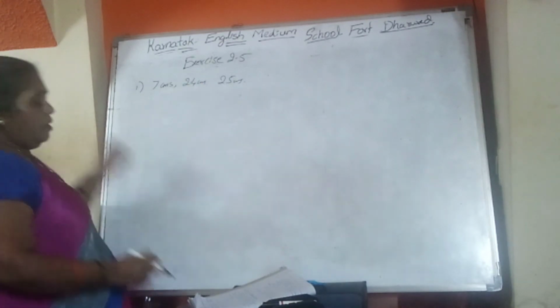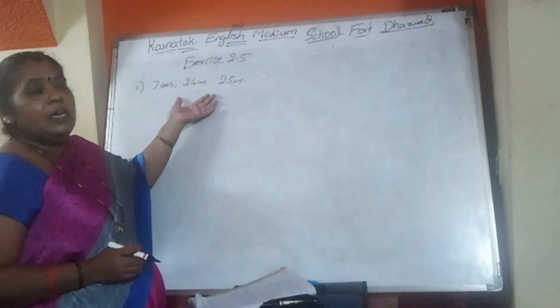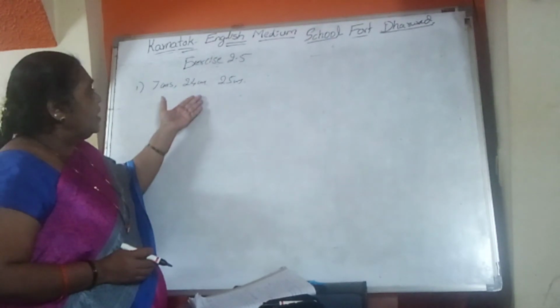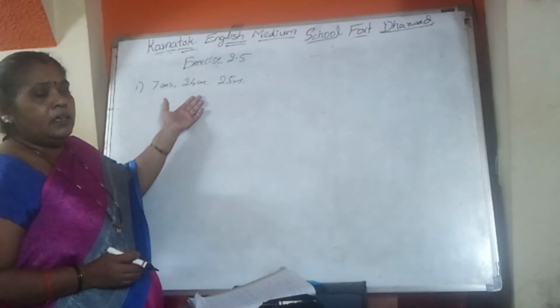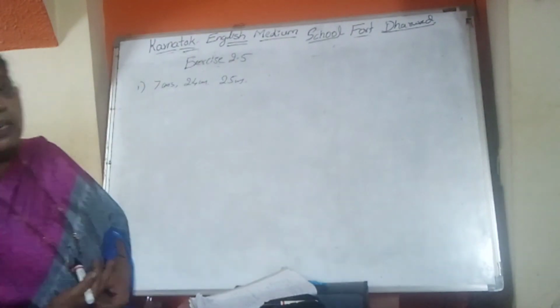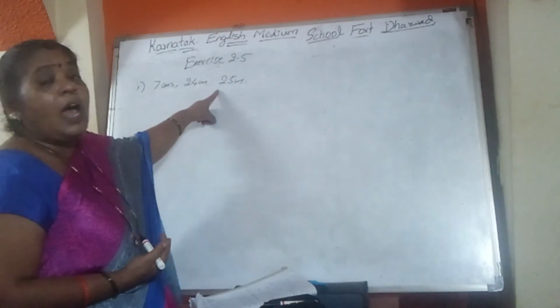One example. Here three measurements of the sides of a right angle triangle are given. You check whether it is a right angle triangle or not. If it is a right angle triangle, write the size of the hypotenuse.